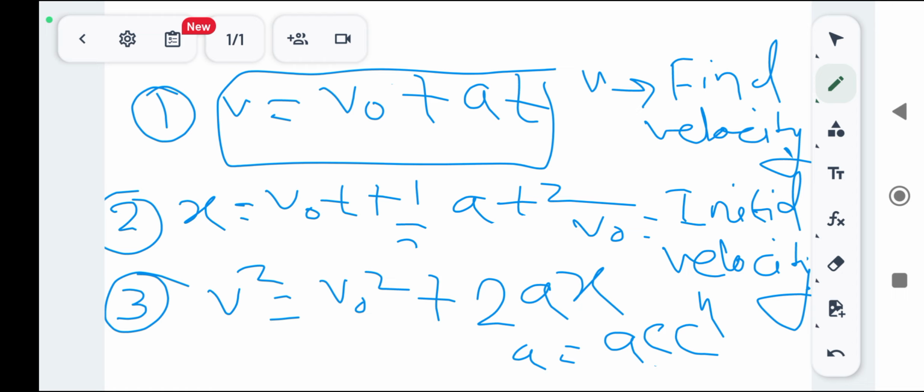These are three kinematic equations for uniformly accelerated motion, where v is the final velocity, v0 is the initial velocity, a is the acceleration, t is the time, and x is the distance traveled by the particle under uniform motion. Okay. Please note down this.